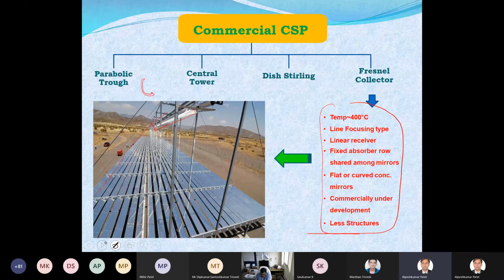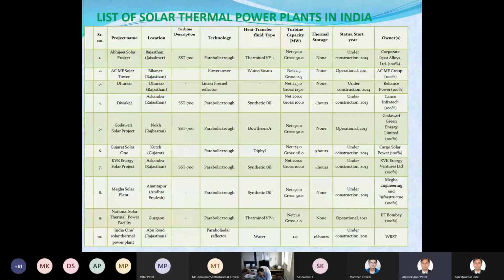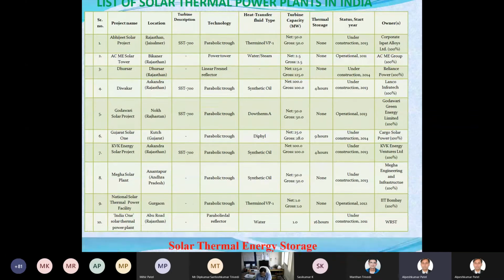Anyway, I've taken this data. I don't know, 1 or 2 plants are in operation, but still we are lagging behind in comparison to the previous systems. So the people, or the government, under their programs, the private developers, have started developing thermal, but the output is not good.